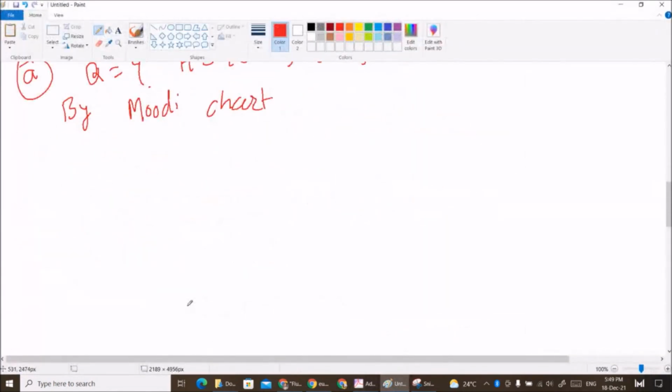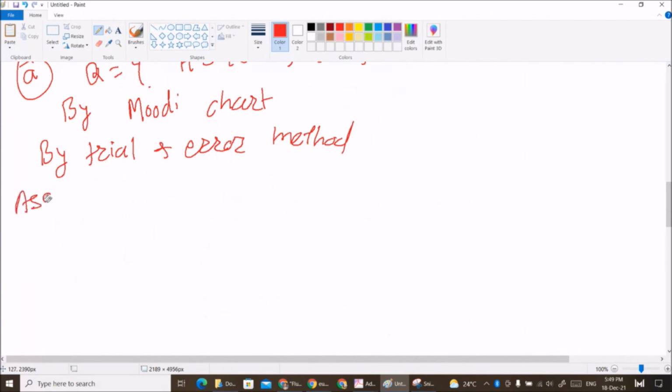So by hit and miss method, by trial and error method, assume f is equal to 0.0023 and epsilon by D is equal to 0.0017.